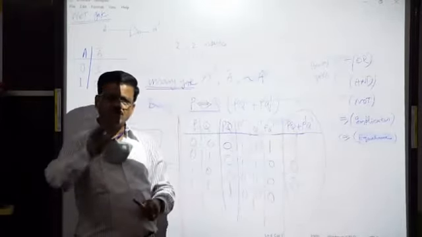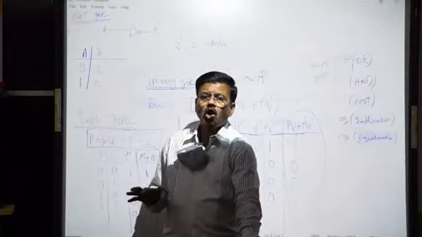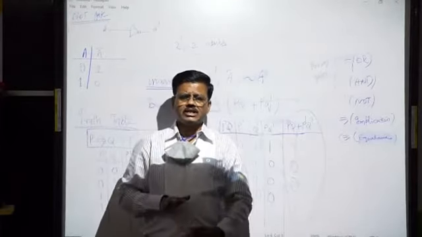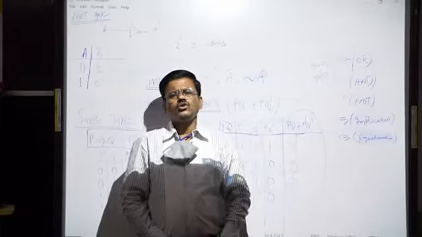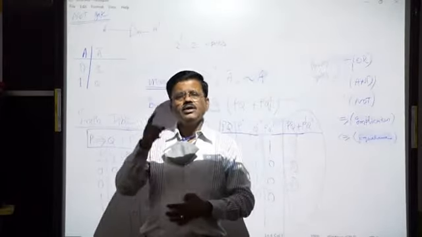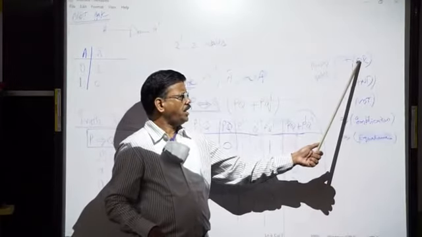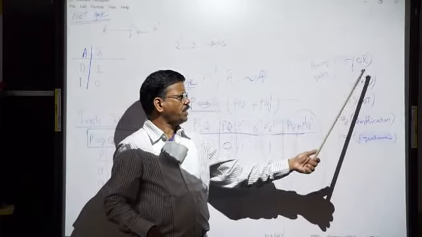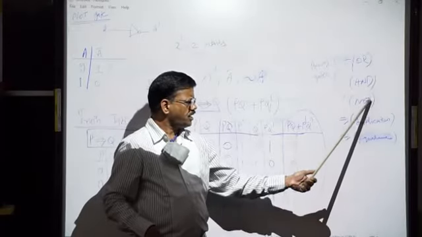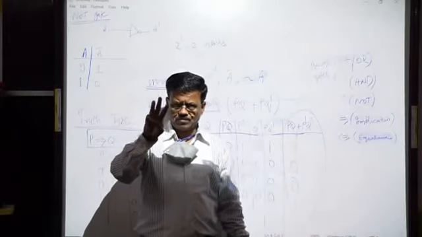I repeat again, boys and girls, there are 5 operators or 5 connectives in Boolean algebra or propositional logic. In the previous class, we did the AND operator and the OR operator. Today we did these 3 operators.